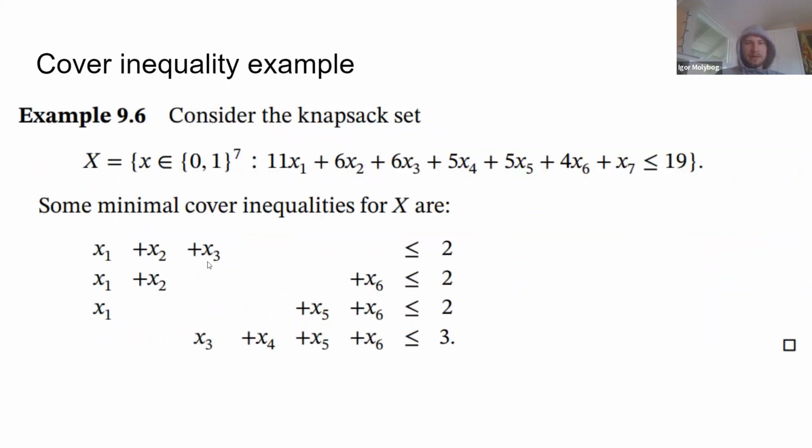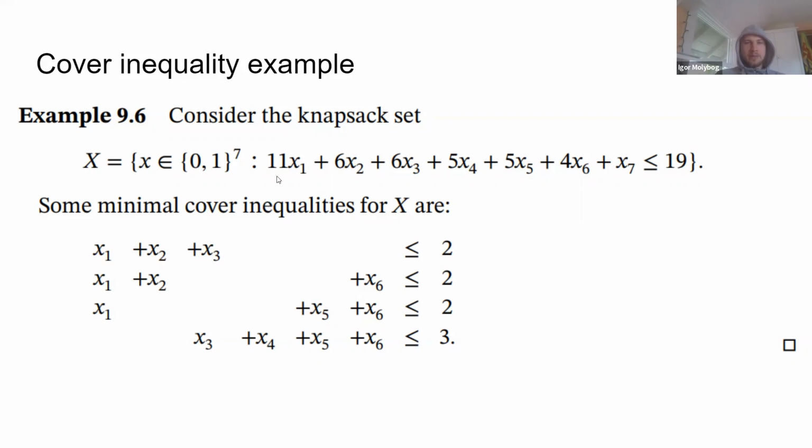So here are some examples for this inequality in particular. For example, we can take a cover consisting of elements 1, 2, and 3. It would correspond to this inequality if we show that it's a cover for real.